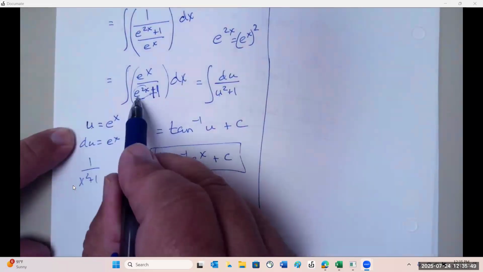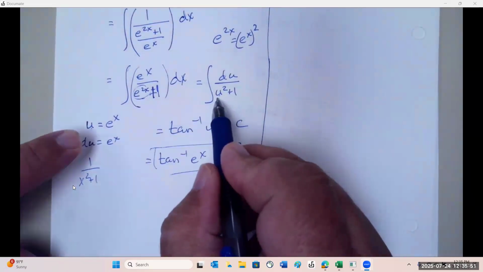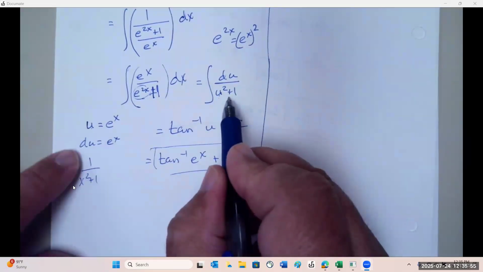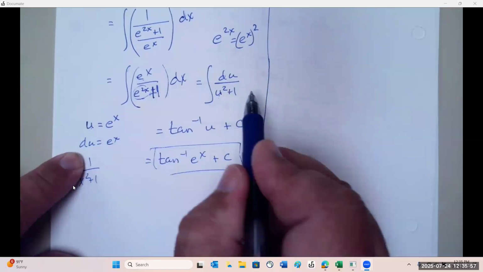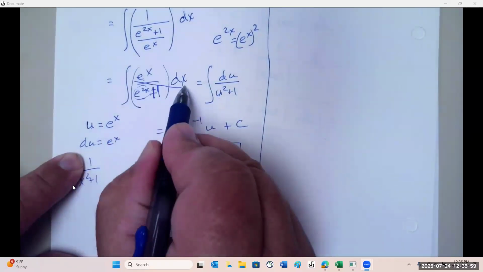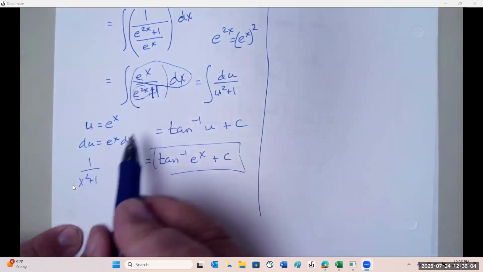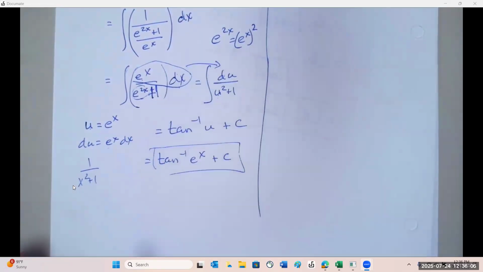Because if I've made this bottom one e to the x as u, it makes it u squared plus 1. The du is on the very top. We need e to the x dx, which is why the top part is du. That was a kind of a messy one, but you have to be very careful on how you do these.